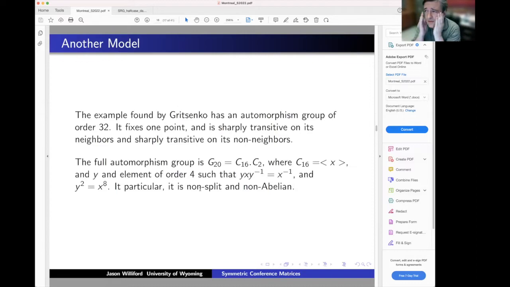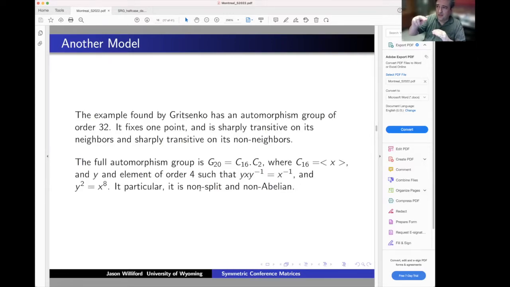So what's going on with the graph that Gritsenko found? That one was not vertex transitive. What was really happening is this had 65 vertices, and it had an automorphism group of order 32. So you have a fixed vertex. It has 32 neighbors, because again, the valency was pretty much half the graph. And then it has 32 non-neighbors that are all at distance 2.